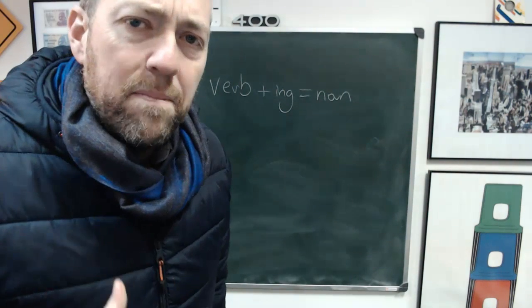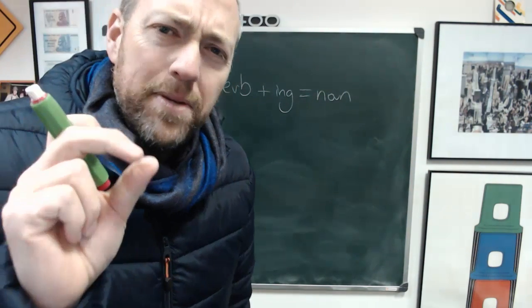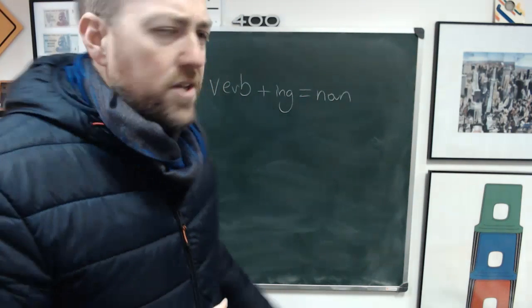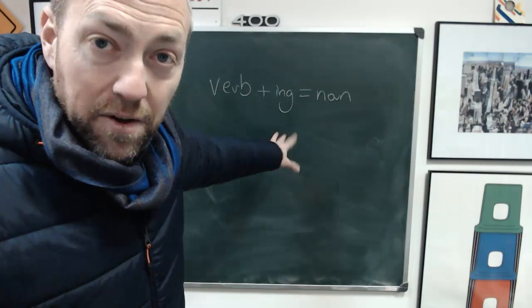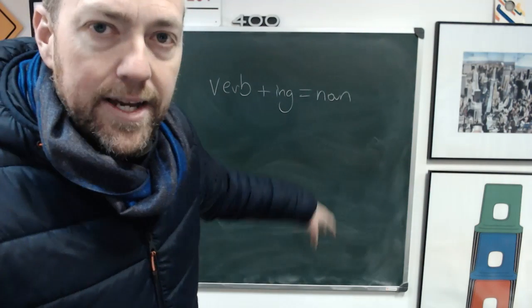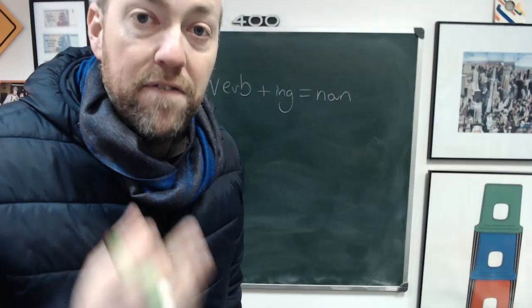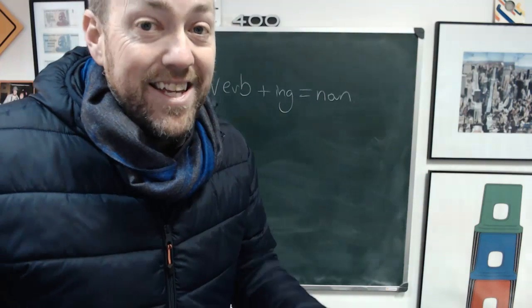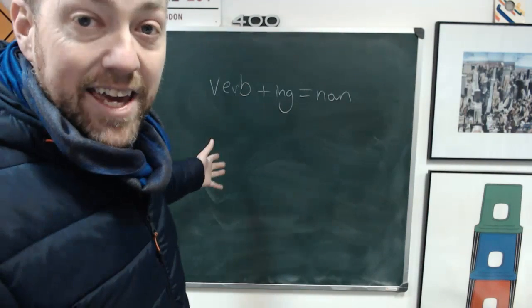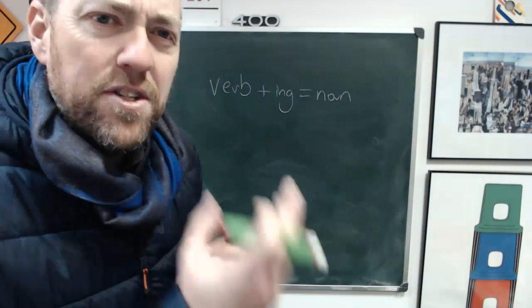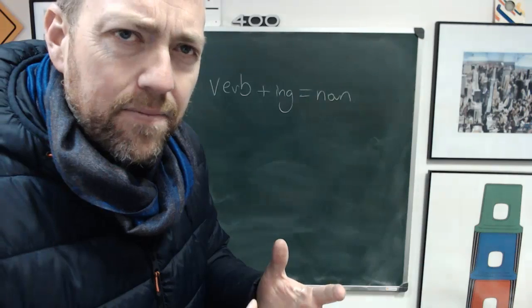We have something which is a little bit strange in English, which is if you have a verb and you put ing on the end, now it's not a verb. It's a verbal. Basically, it is a noun. We are taking a verb and transforming it into a noun.